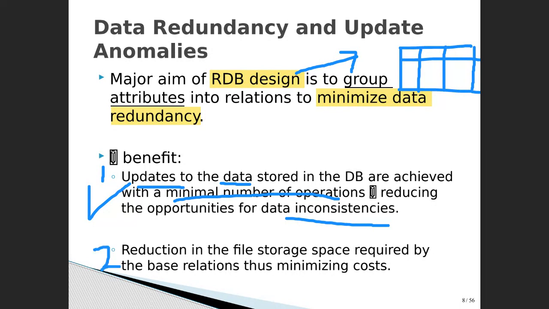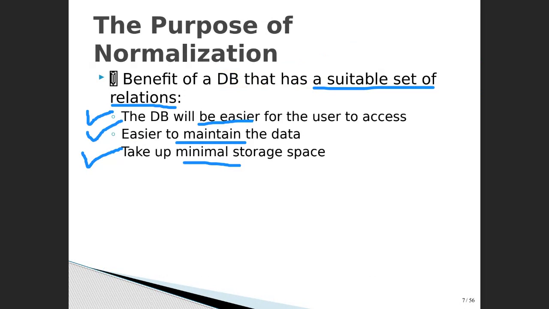This is exactly the same as we discussed in the previous slide. It will reduce the file storage space required by the base relation. So two things here. Minimizing data redundancy will make it easier to update. So let's add this here.